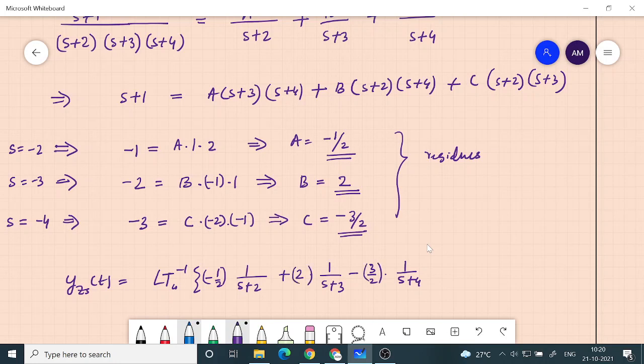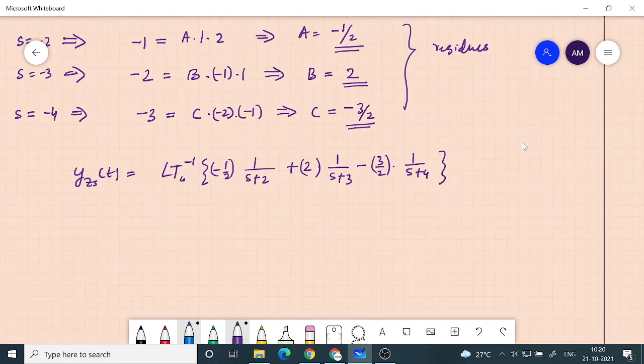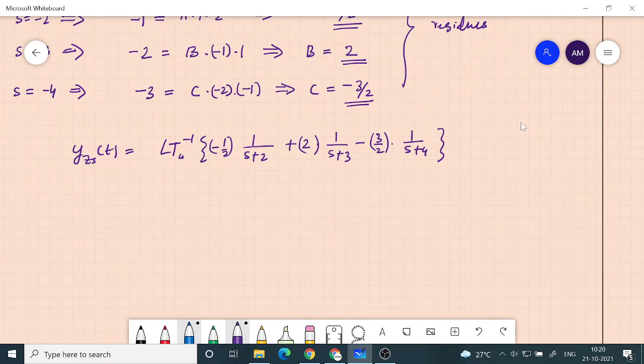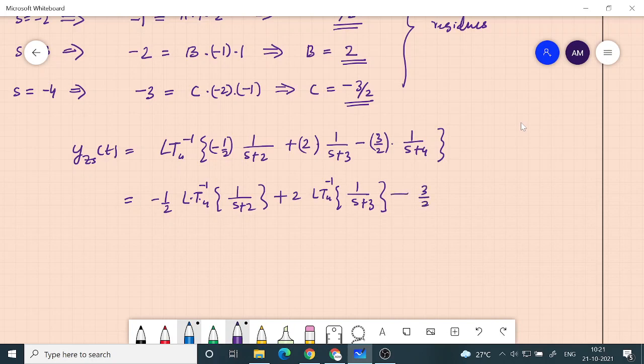Okay, so these are the residues which I put in brackets. So this is the way it comes after substitution. Now a little more rearrangement we can do. Minus half into Laplace transform inverse of 1 by s plus 2, then plus 2 into Laplace transform inverse of 1 by s plus 3, then minus 3 by 2 into Laplace transform inverse of 1 by s plus 4.